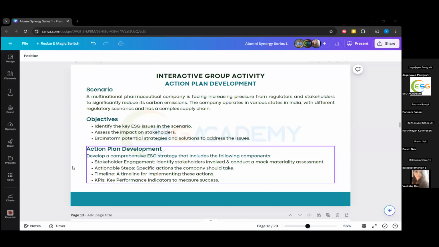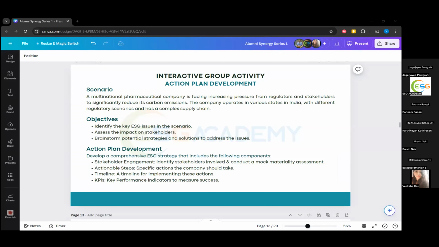So I think you can all read the scenario, but I'll brief it again for you. The scenario is that we are a consultant for a multinational pharmaceutical company that is facing increasing pressure from both regulators and stakeholders, be it investors or customers, any other stakeholder group as well, to reduce its carbon emissions.